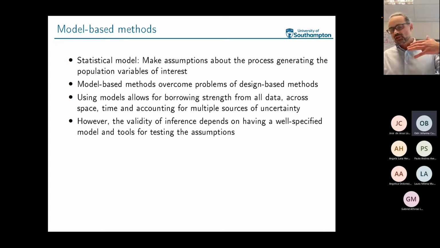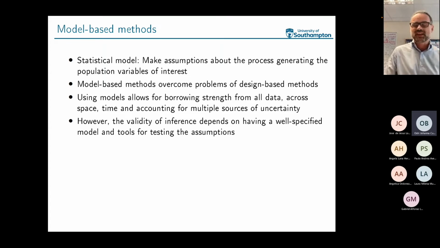On one hand, you have design-based estimators that have very good properties, they are design unbiased and so on, but the problem is that they may suffer from lack of precision or accuracy when you go down to the domain level, to the small domain level, whereas with models you are able to possibly borrow the strength from all related data and improve the accuracy and the precision of your estimates.